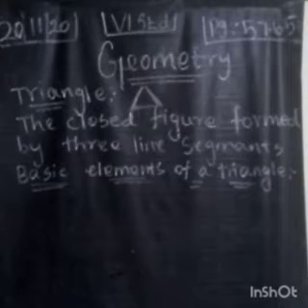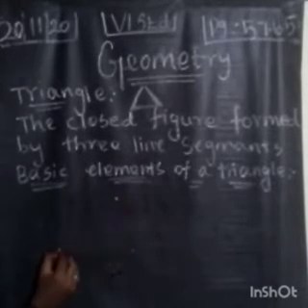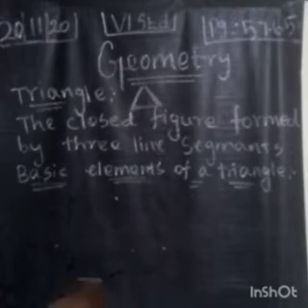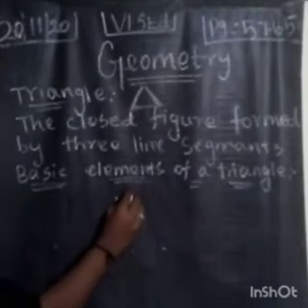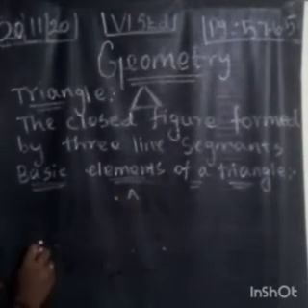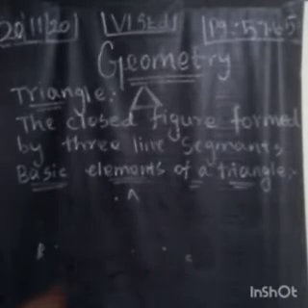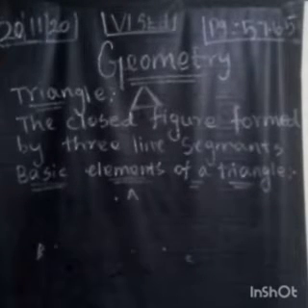Okay. Next we move on to the basic elements of a triangle. Mark 3 points, 1, 2, 3. Here we name them A, B, C. Join the line segments AB, BC and CA.